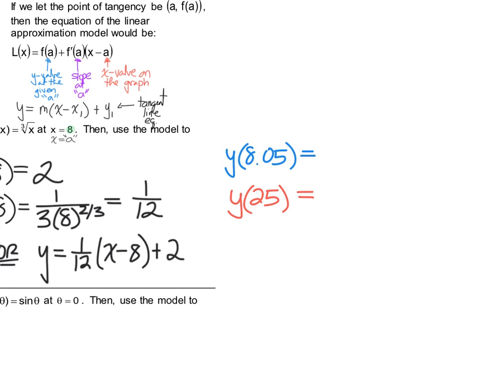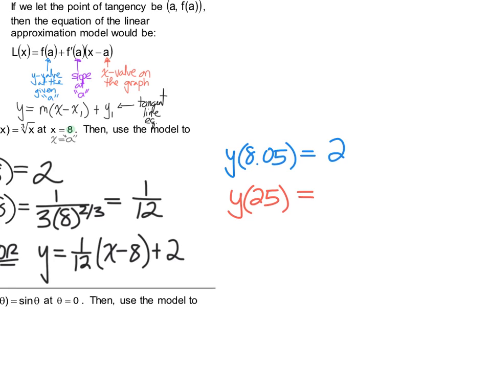So if I plug in 8.05 for x here, what do I get? Just for the binomial, 0.05. Now I'm going to go with fraction form, just because it's going to be easier to work with. 0.05 is equivalent to what fraction? 1/20th. So 1/20th times 1/12 would be 1 over 240.